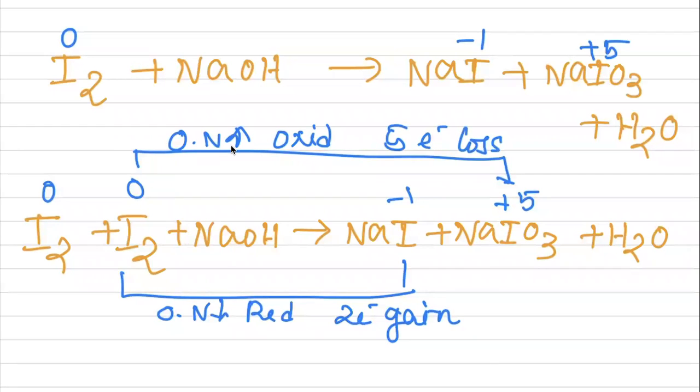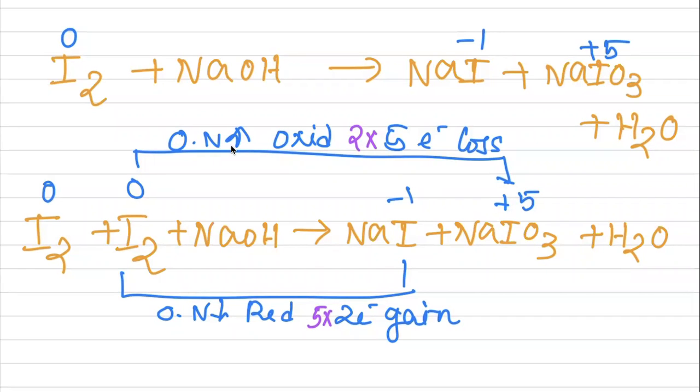Now we have to balance the reaction. That means balance the number of electrons, 5 electron loss, 2 electron gain. That means we have to do cross multiplication. We have to make 2 here, 5 here. Right?